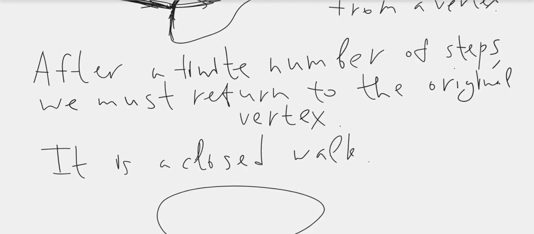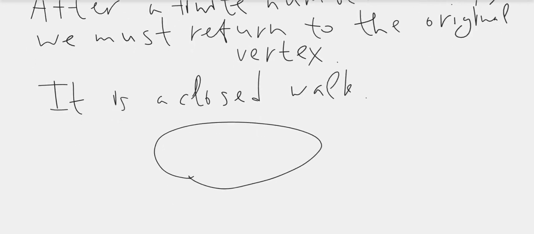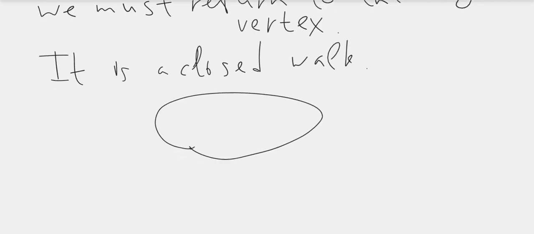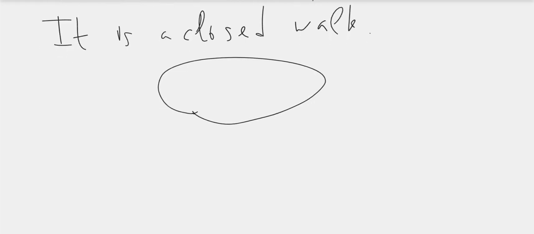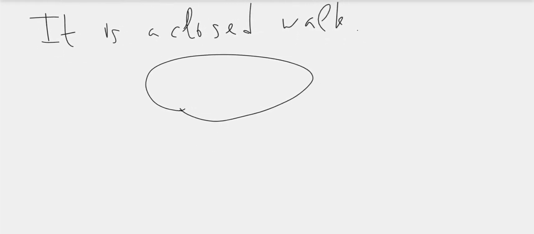Because a disconnected graph can't have an Eulerian cycle. So it is a closed walk, and we know that it is connected. That's where we use the connectedness.